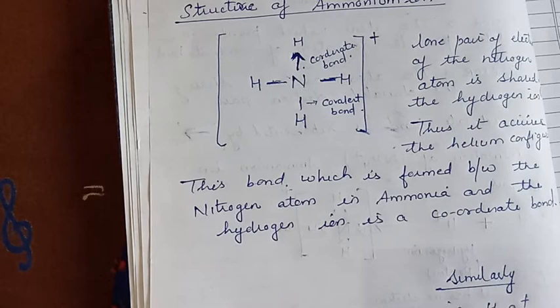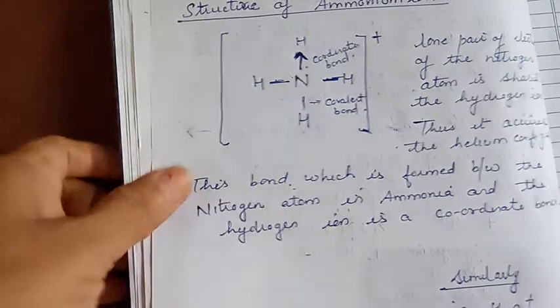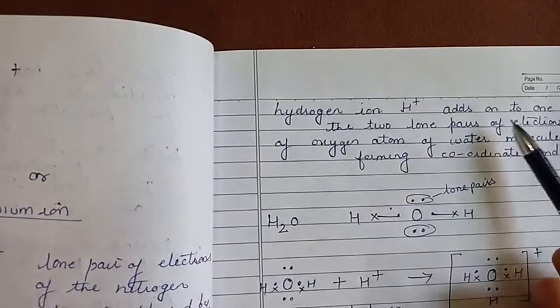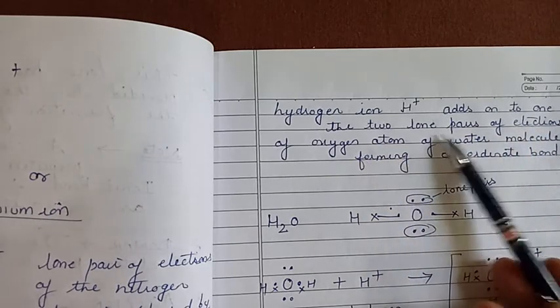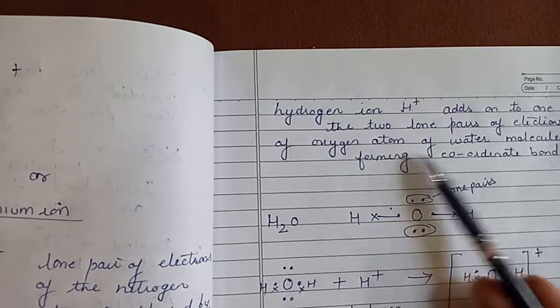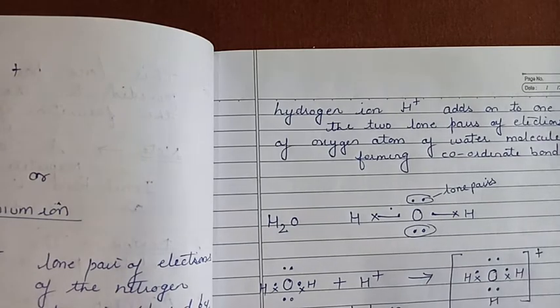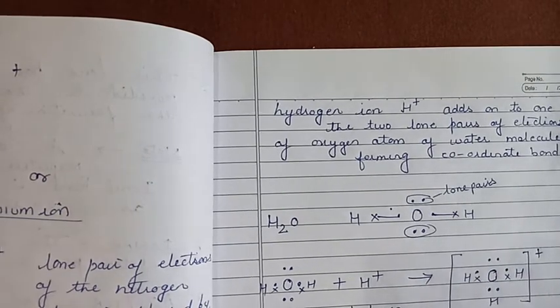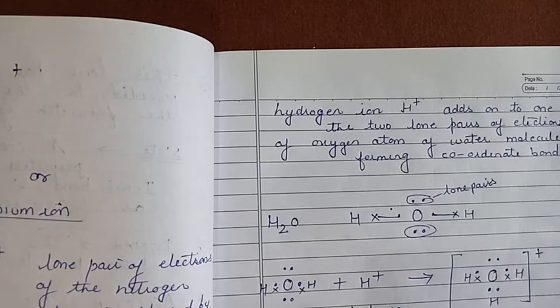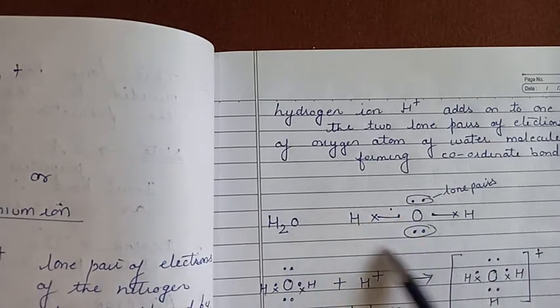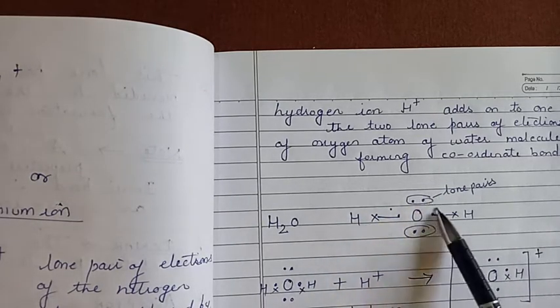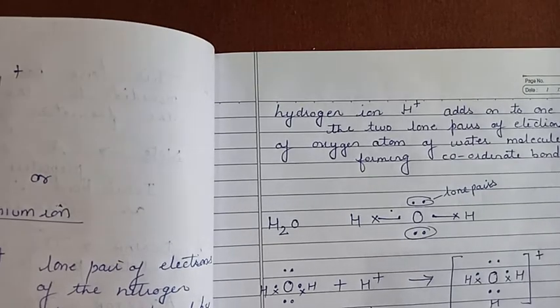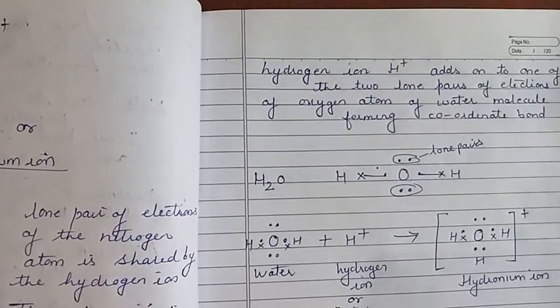Similarly, the formation of the hydronium ion. The hydrogen ion adds onto one of the two lone pairs of electrons of the oxygen atom of the water molecule, forming a coordinate bond. Now look at this structure, water. In the structure of water, there are two lone pairs. In ammonia, one lone pair is there, but in water, there are two lone pairs.